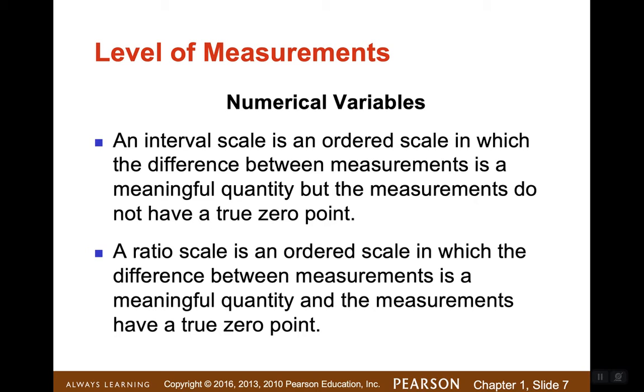And a ratio scale is where the difference of the measurements is a meaningful quantity, and the measurements have a true zero point. So these are the two characteristics.